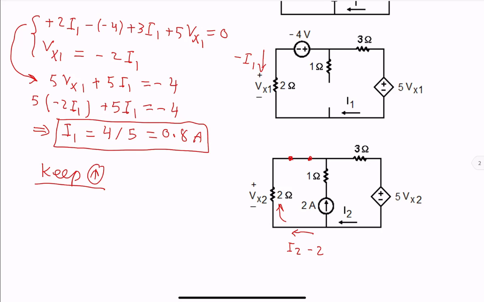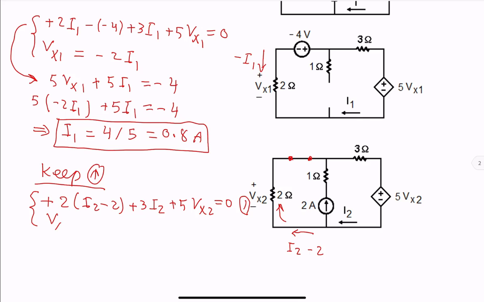Again, voltage across the 2 ohm resistor, don't pay attention to polarity of Vx2, is positive Ri, so positive 2 times I2 minus 2, continuing plus 3I2 plus 5Vx2 equal to 0. Call this equation 1.